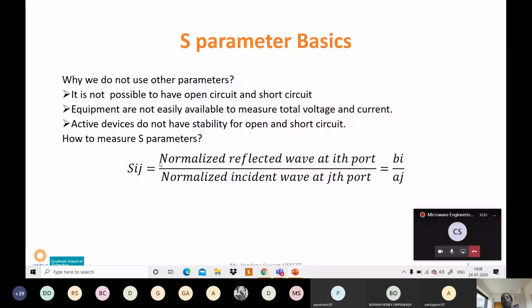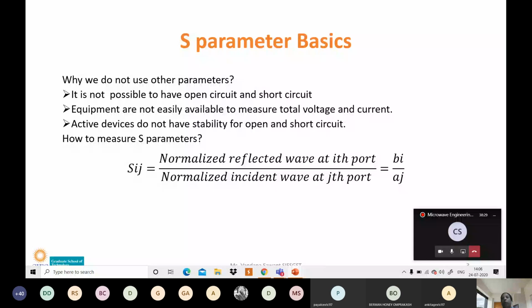Now, for which port are you measuring the scattering parameter? As we are saying it is a two-port network, we can have two different ports. The first port we can call I, and the second port we can call J. Whatever scattering of the signal takes place between the two ports, one port gets an input signal, that is an incident signal, and the other port gets a reflected signal.